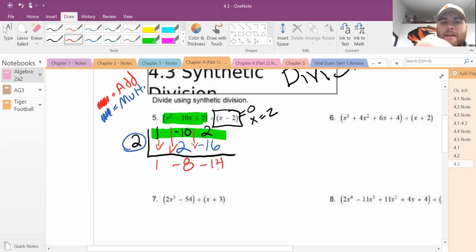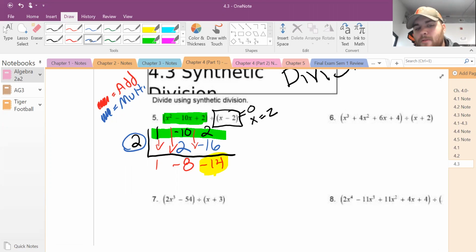So this negative 14 is called my remainder. Now here's how I'm going to write this. I need to know what kind of powers I'm getting when I divide a polynomial by a binomial. You're getting a whole new polynomial, but here's the only difference.